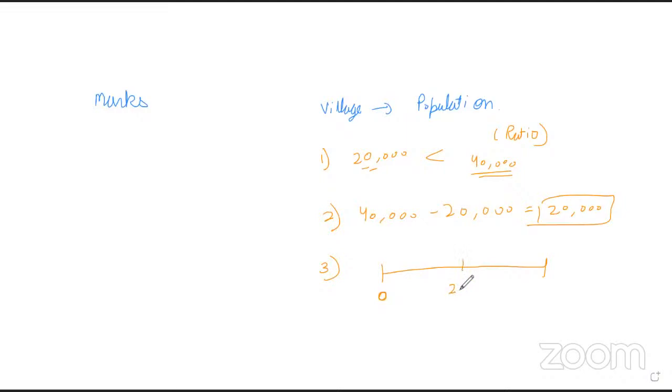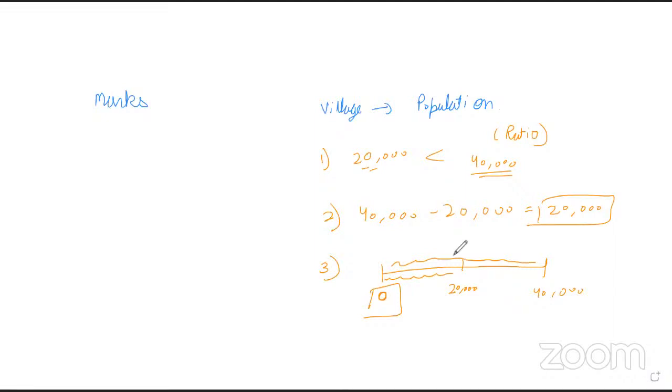The number of people you need to get to 20,000 population is this much, and to get the population of 40,000 is exactly twice what you need to get to 20,000. So here you can say that 40,000 population is twice of that, right? It has an absolute zero. Is it making sense now?